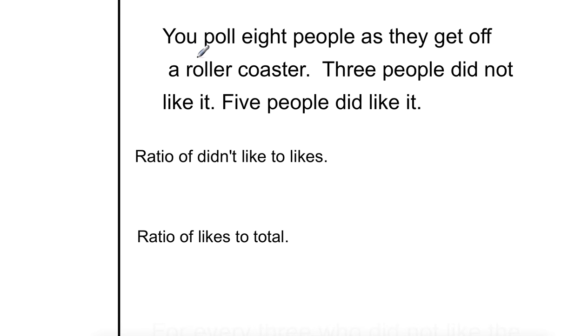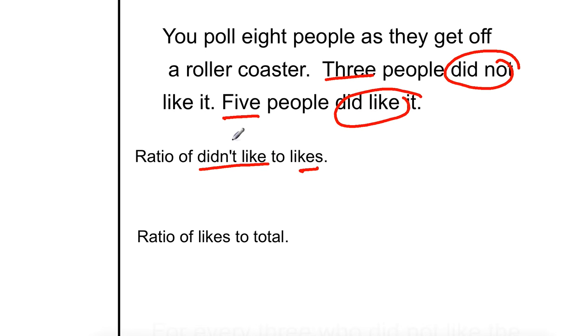So for instance, you poll 8 people as they get off a roller coaster. 3 people did not like it. 5 people did like it. So what are we talking about? We're talking about the people who did not like it and the people who did like it. So there's 3 that did not and 5 that did. So what we're asking here is the ratio of the did not likes to the likes. So order matters.